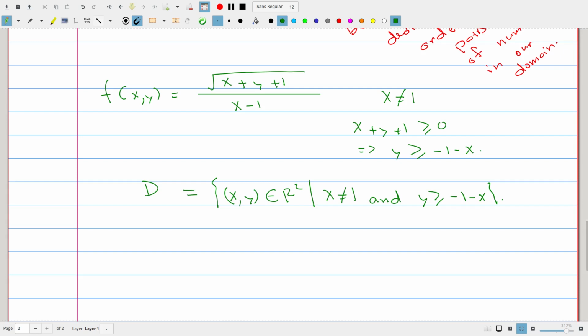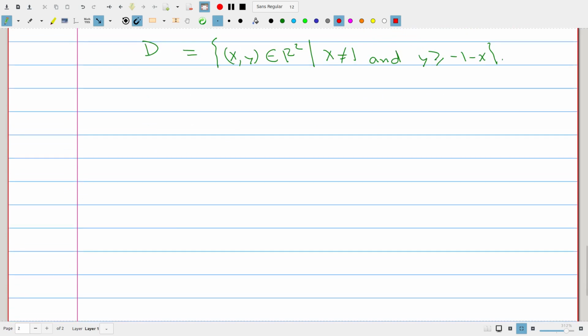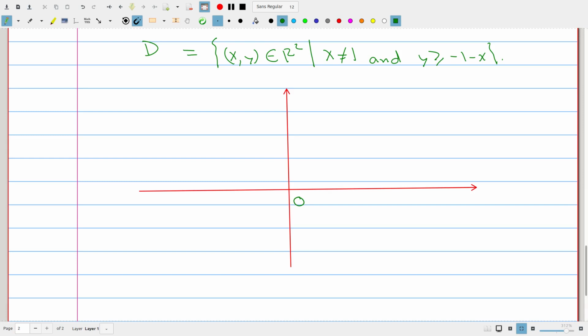Let's sketch the domain of this function. The y-axis, the x-axis, the origin.